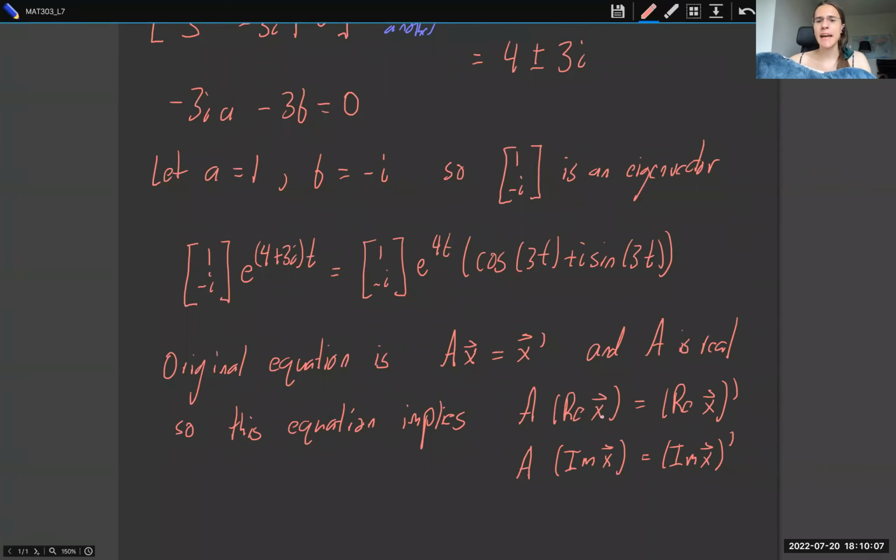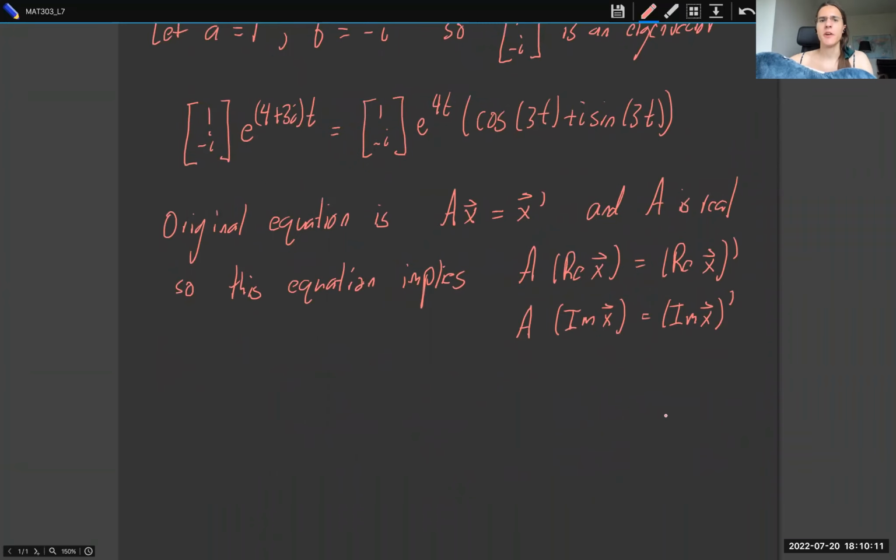So we can get real solutions from it just by taking the real and imaginary parts, right? That's pretty cool. And so if we have our original solution, let's call this star.